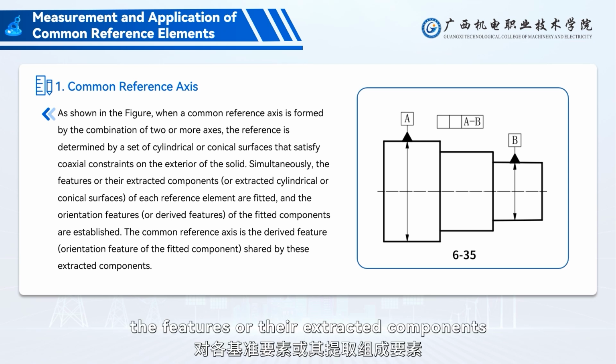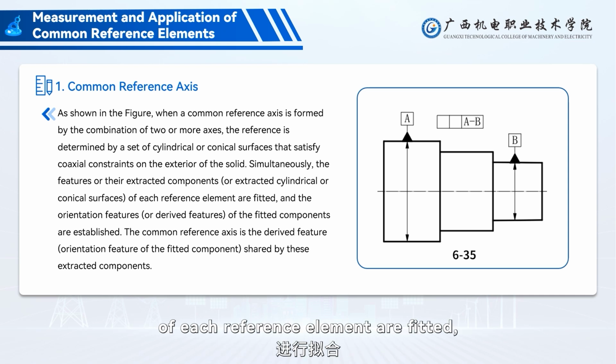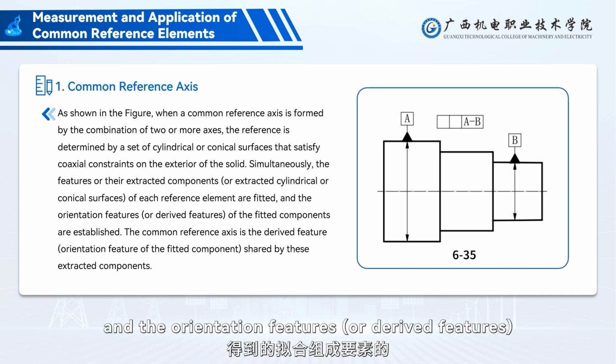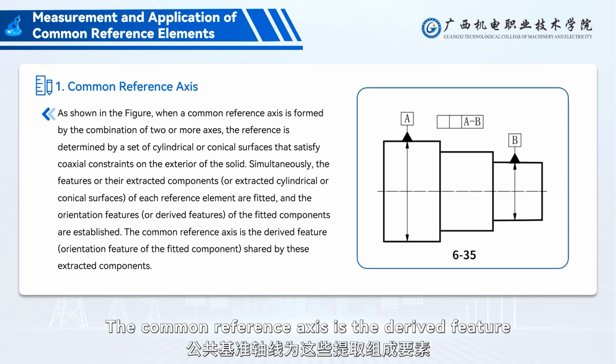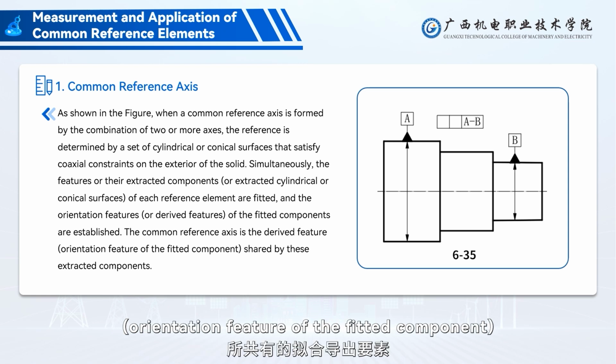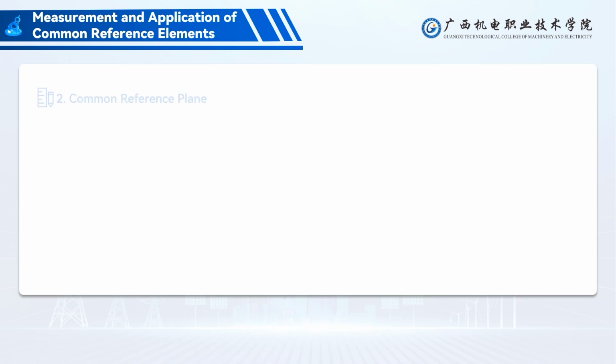Simultaneously, the features with their extracted components, or extracted cylindrical or conical surfaces, of each reference element are fitted, and the orientation features, or derived features, of the fitted components are established. The common reference axis is the derived feature, orientation feature of the fitted component, shared by these extracted components.